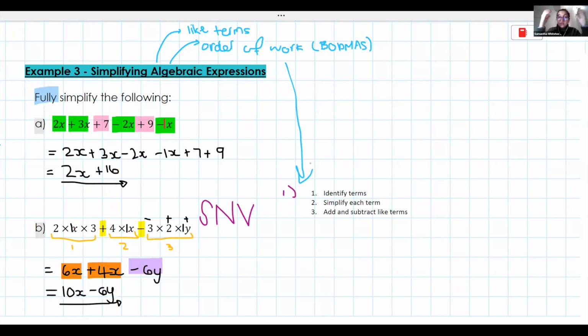We know that these can get more complicated, right? Once we've spoken about exponents, we're going to start dealing with those more complex expressions that we need to simplify. But like I say, if you can do like terms, and if you can simplify your terms within an expression in order to get like terms, you are A-okay.